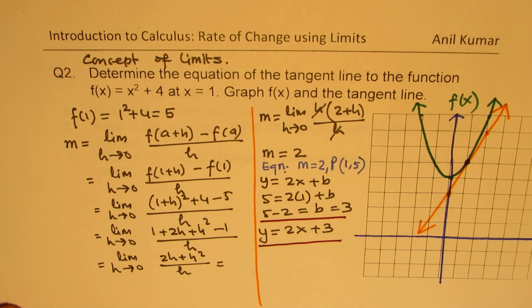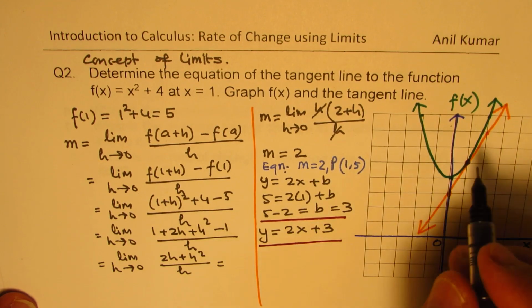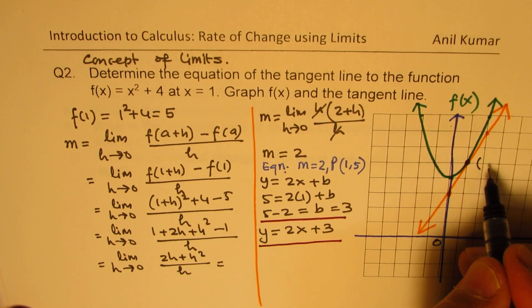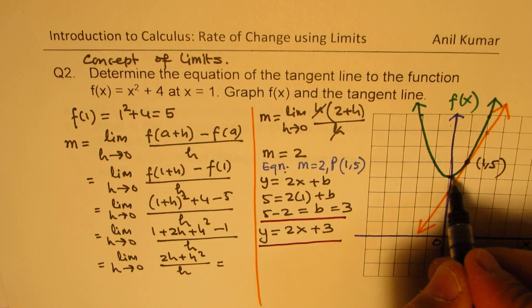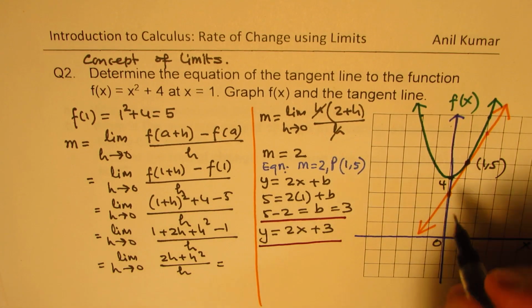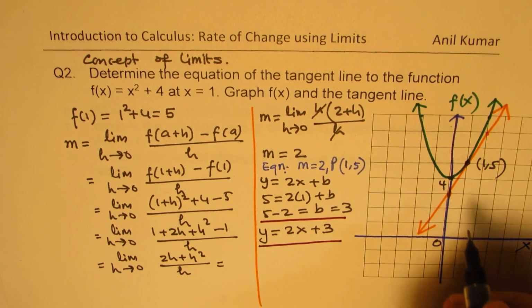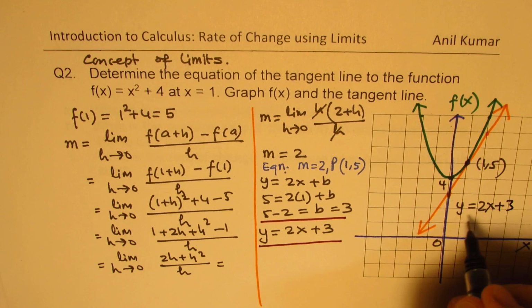Do you see that? That is how we can sketch the tangent to the parabola. I hope it makes sense. This point here is 1, 5, and this intercept is at 4. And the line which we have drawn is y equals 2x plus 3.